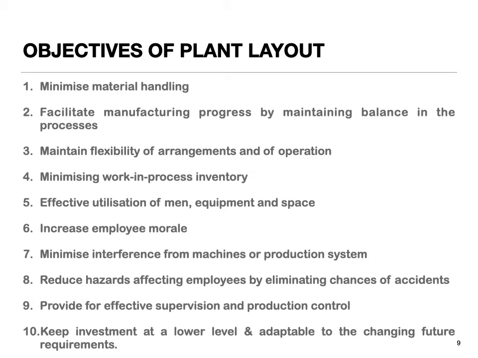The number 9, provide for effective supervision and production control, keep investment at lower level and adapt to changes in future requirement. Okay, so there are many other objectives for the plant layout.